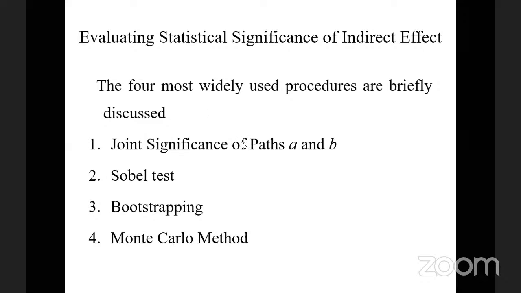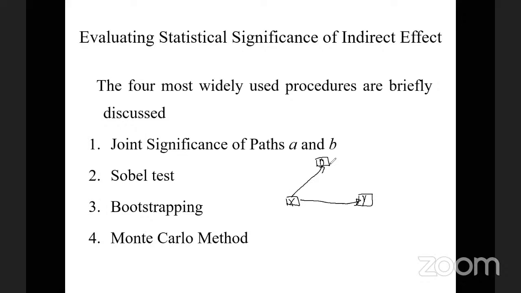So what is the purpose of this test? In a mediation, this is the relationship between y and x. In the first step, this should be significant. Second step, this is the mediator variable, this should be significant.